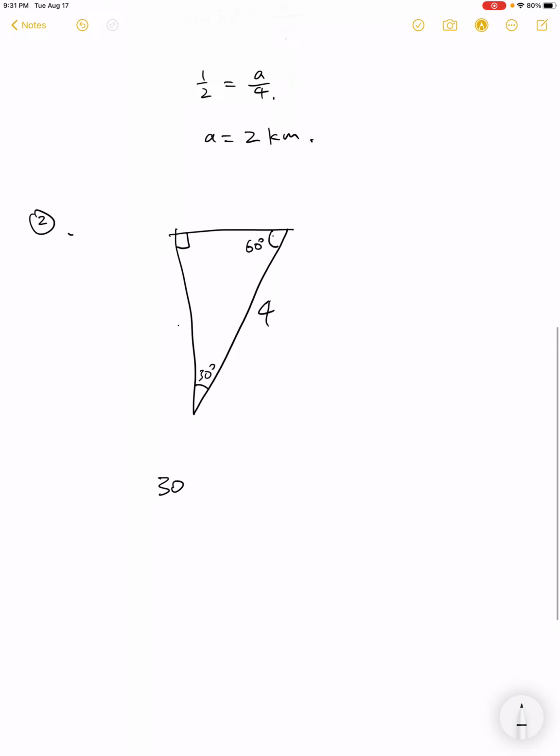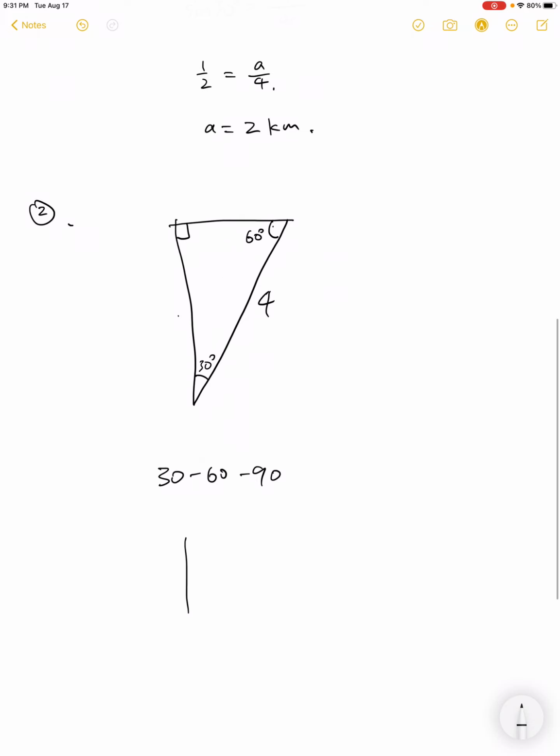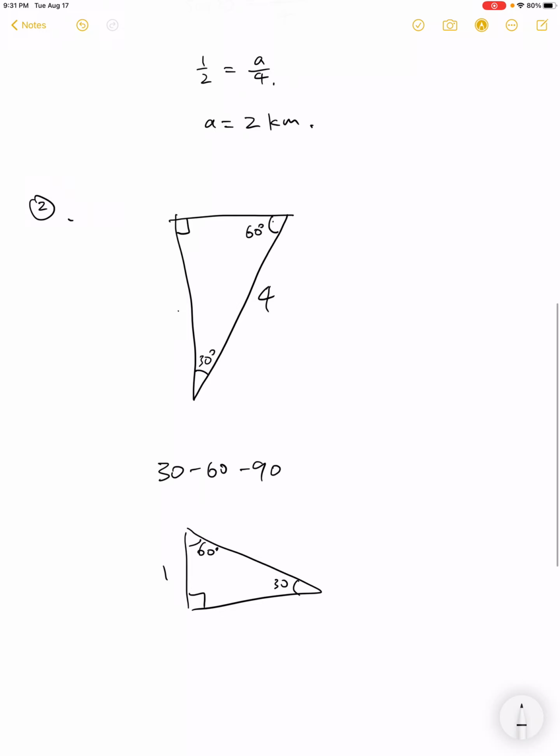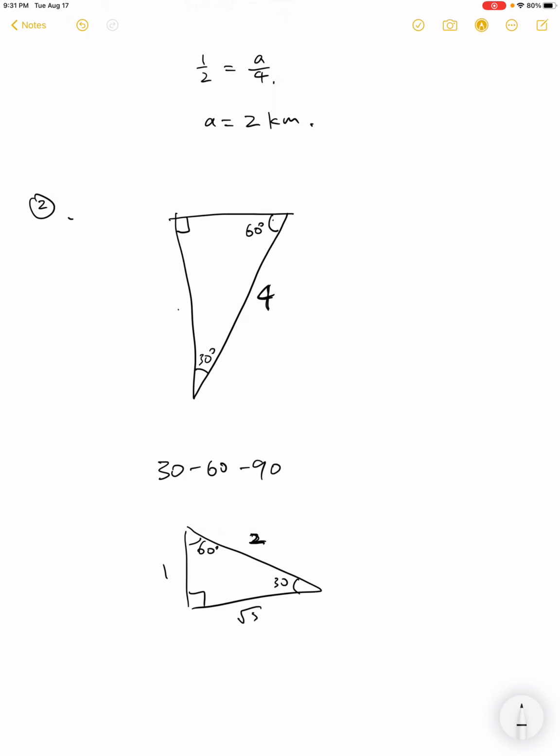So now we have this 30, 60, 90 triangle that we were talking about. What we learnt today is that a 30, 60, 90 triangle measures 1, 2, root 3. But this side is 4. The original triangle has the longest side 2, whereas this bigger triangle has the longest side 4.